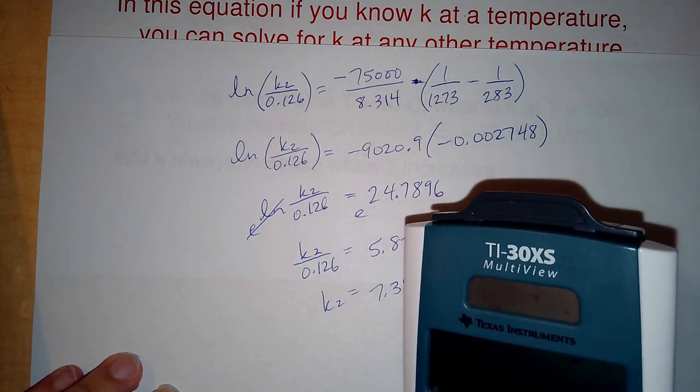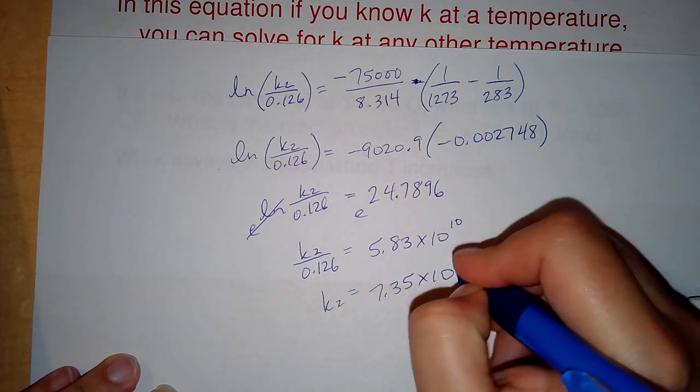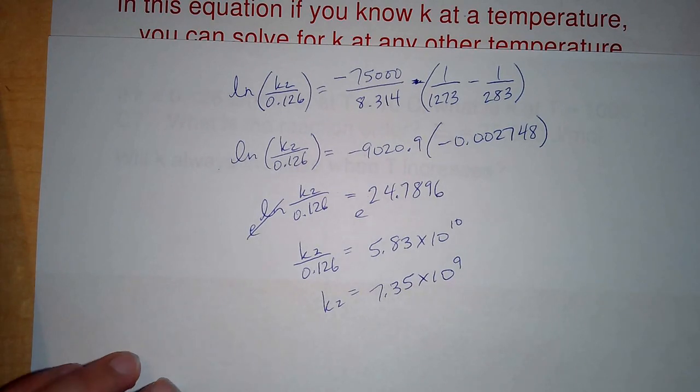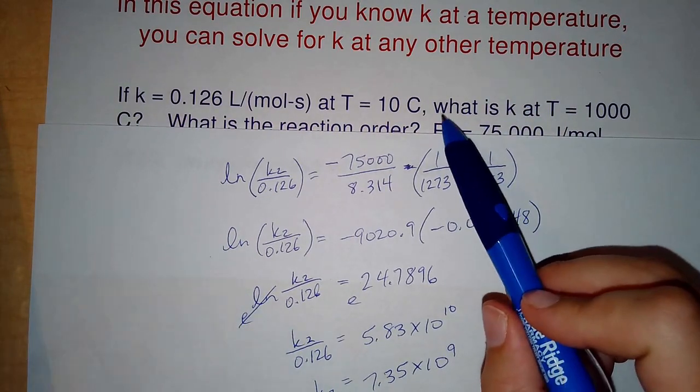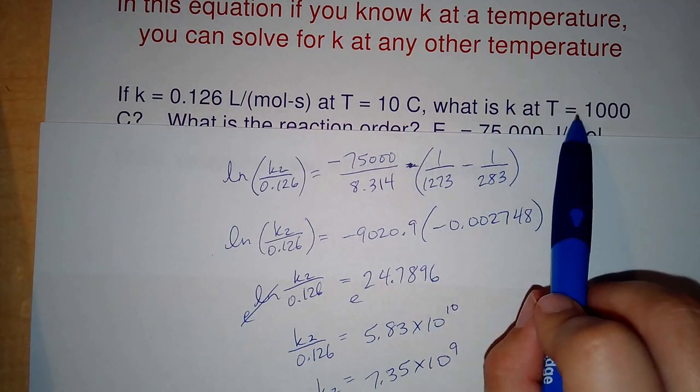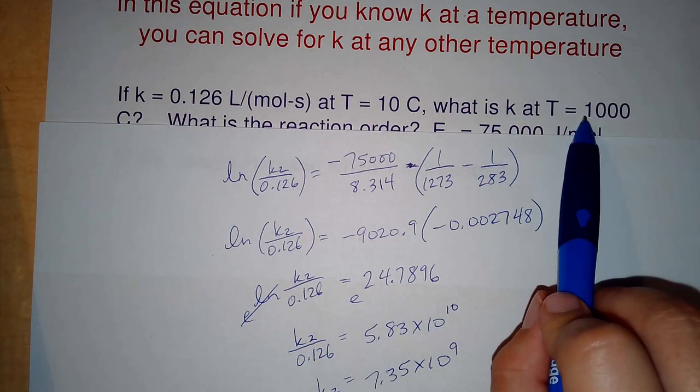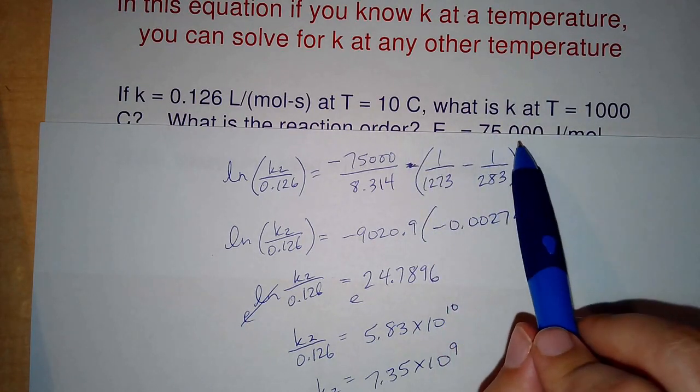Alright, so we have a very large K2 because we have such a dramatic increase in temperature. Remember, increasing temperature is going to increase our rate of reaction because K is going to increase. Going from 10 degrees Celsius to 1,000 is a large jump in temperature, so we're going to see a huge jump in K.